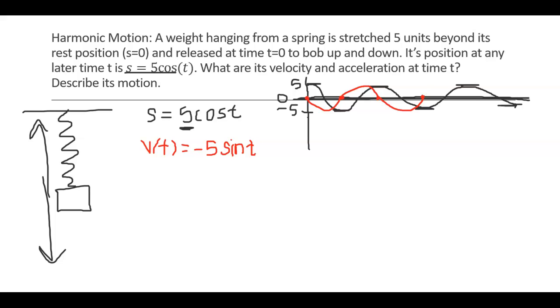So what that means is from here to here, my spring is maybe going to the left. Then from here to here, my spring is going to the right. So every time velocity is 0, the spring is changing direction.